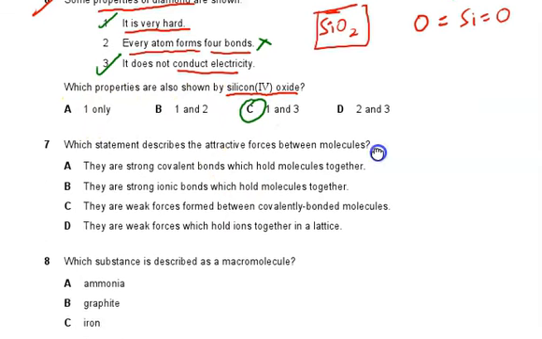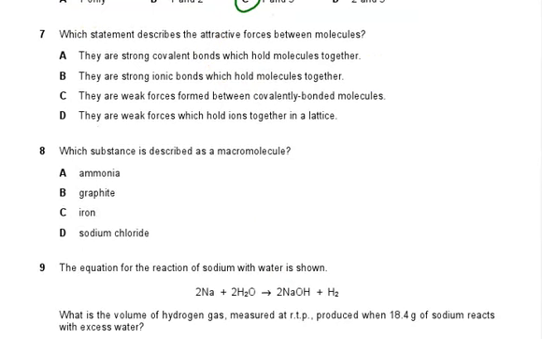Now let us look at number 7. Which statement describes the attractive forces between molecules? So here we have strong covalent bonds and strong ionic bonds.